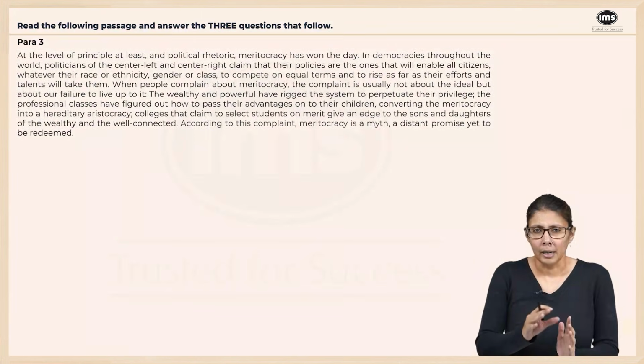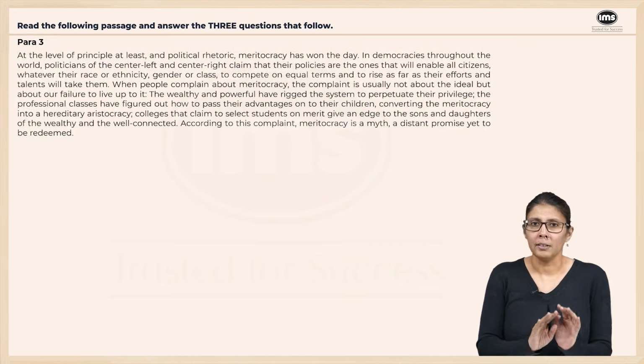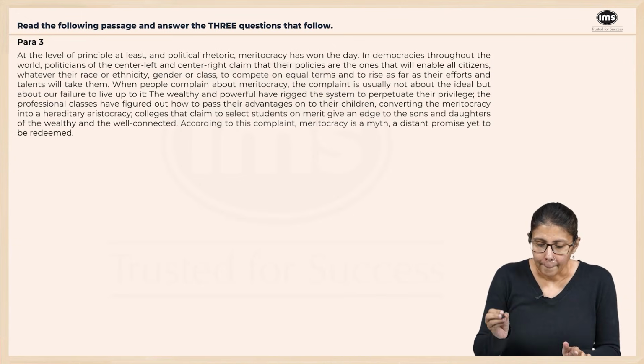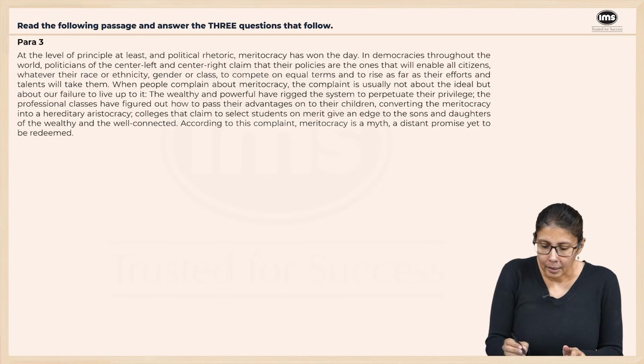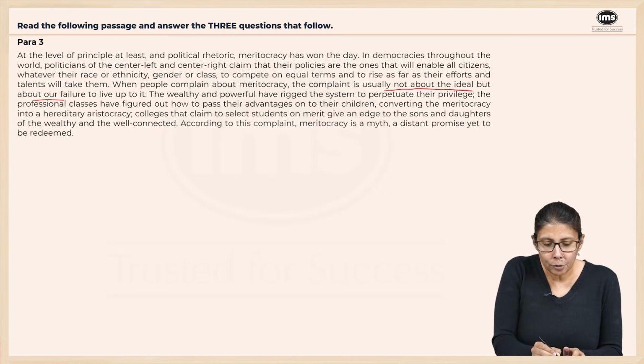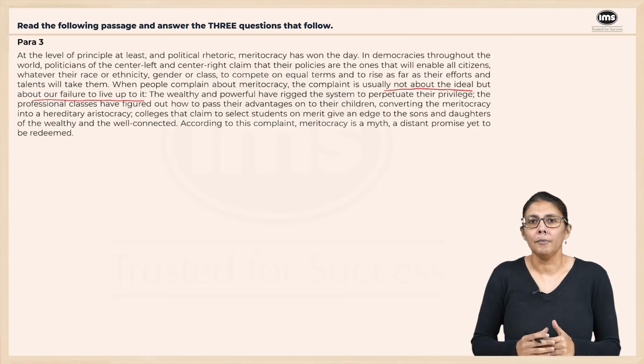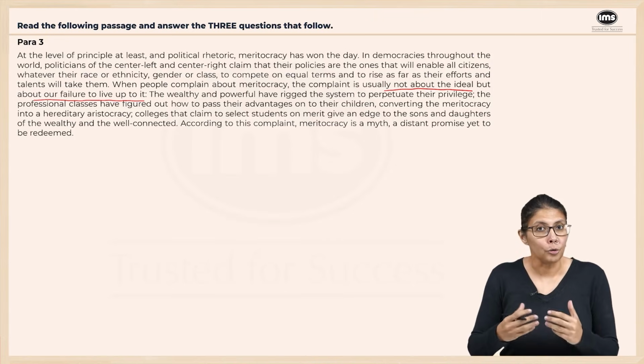In paragraph 3, again, we are saying that meritocracy is something that most people feel is desirable. So people agree that that's a good thing, that's what we want. But at the same time, people complain not about the ideal, but about our failure to live up to it. So people are unhappy with the fact that we have not been able to establish a true meritocracy.